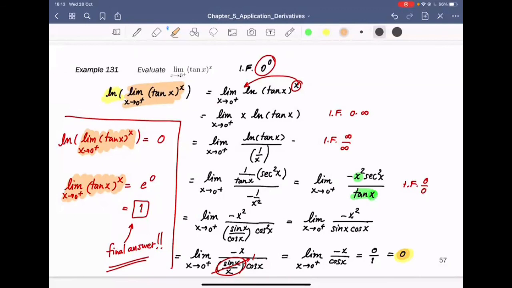Does it make sense? Well, this is how we answer. You have to convert back into the thing that you know. You take log first because you want to simplify it easily, and after that, you have to go back to e to the something.